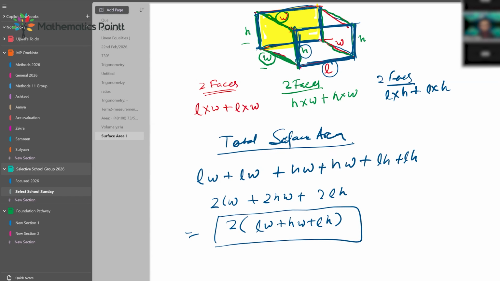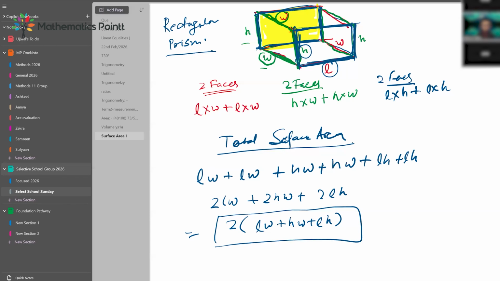That is the total surface area of a rectangular shoebox. Actually, I should stop calling it a shoebox, it is a rectangular prism.